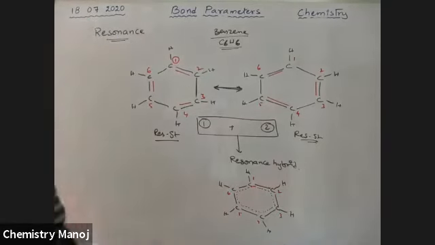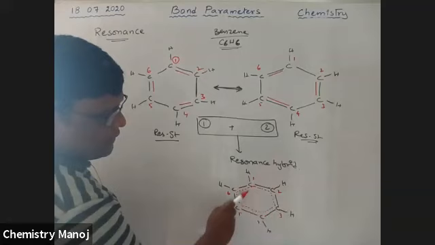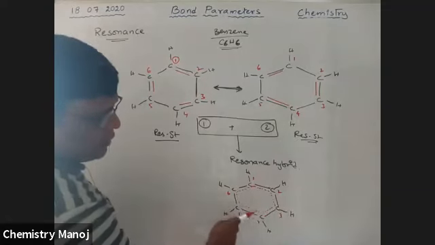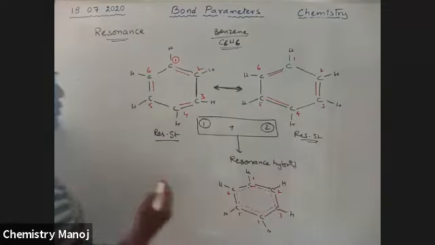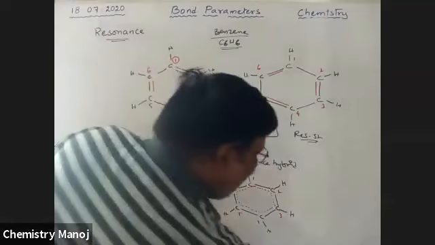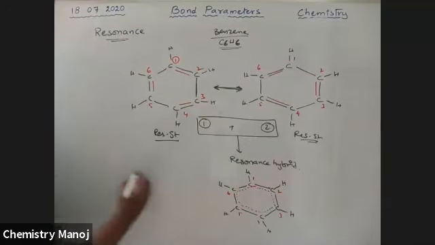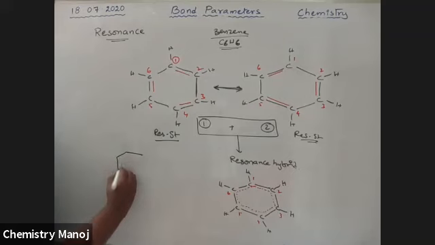So here is a ring within the circle. This ring is nothing but 3 pi bonds. These are sigma bonds. I don't mention carbon; these are hydrogens.